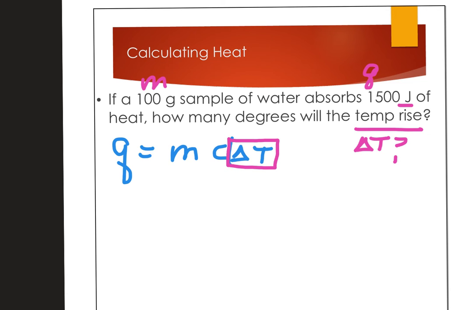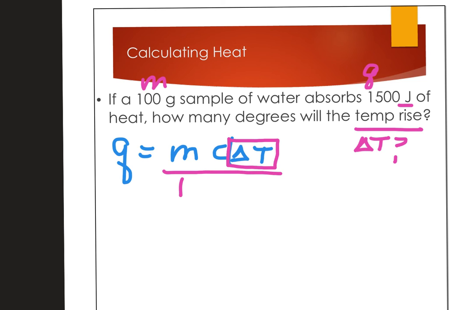I need to get delta T by itself. So most of you have learned PEMDAS: parentheses, exponents, multiplication, division, addition, subtraction. So we don't have any parentheses really. We have no exponents. We do have multiplication. The opposite of multiplication is division. So M, C, and delta T are all multiplied.